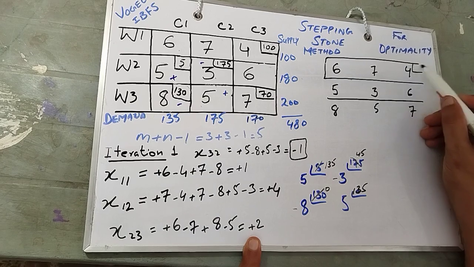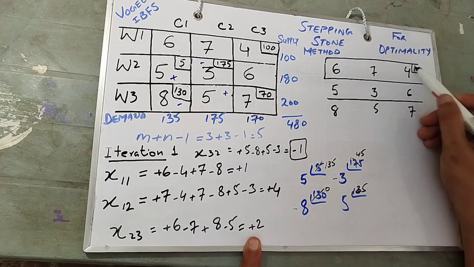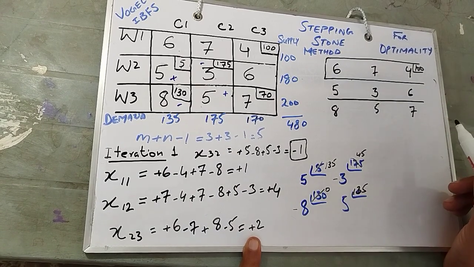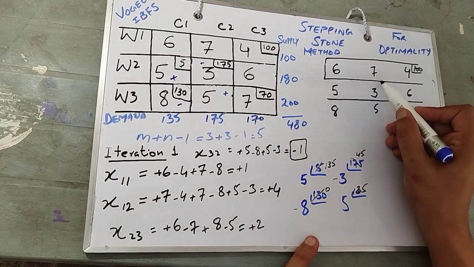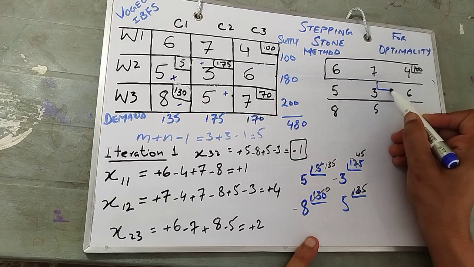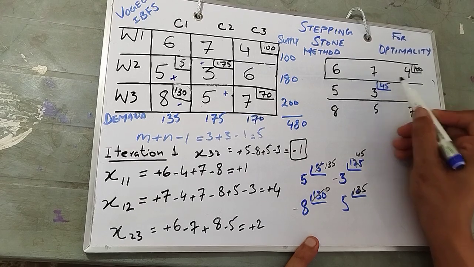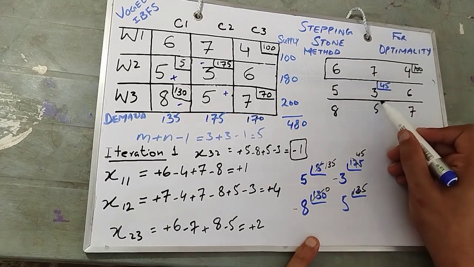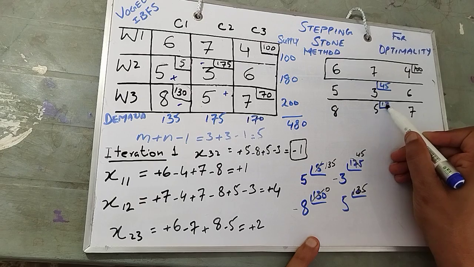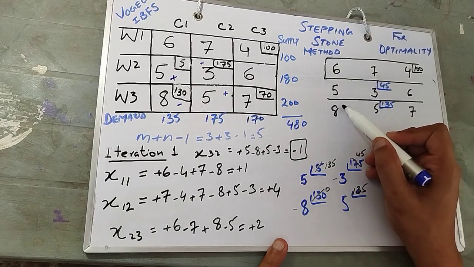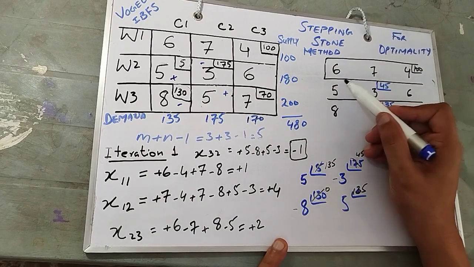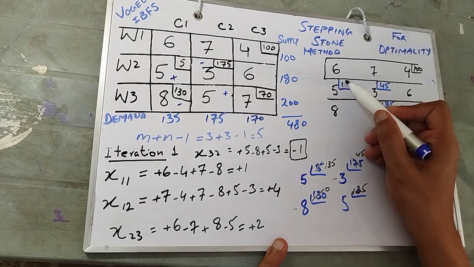So you see, it is the old allocation. We did not have any problem with the 100. 100 is good. And over here you see the new allocation, I will be writing with the blue one. New allocation is 45. New allocation is 135, and it is 0 now, so we don't add anything. 135.